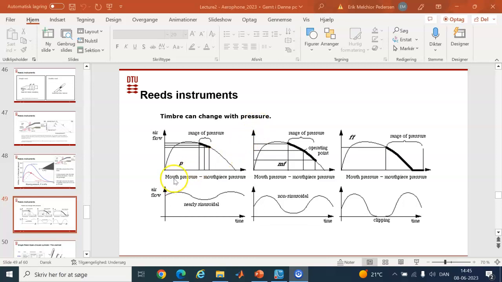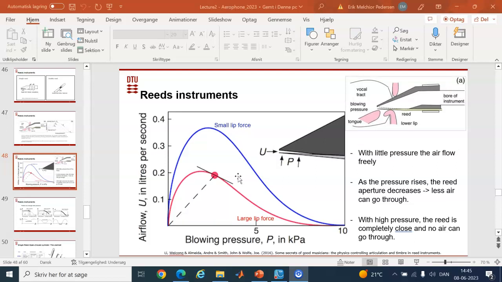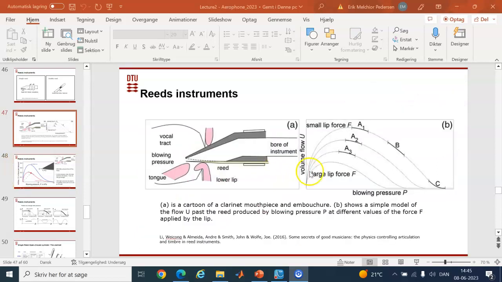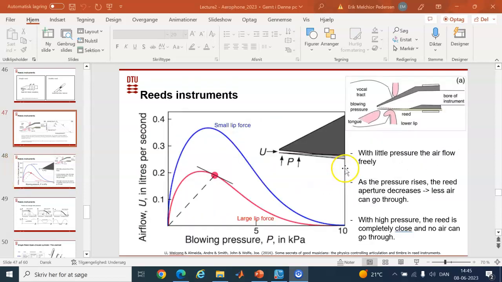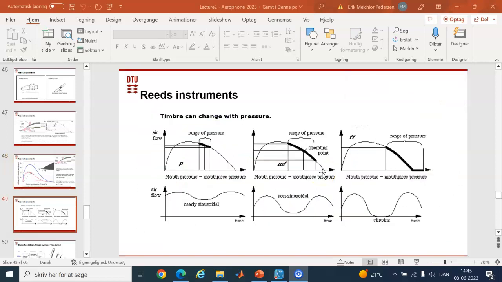Here we have the mouthpiece pressure, mouth pressure. Remember, P is the blow pressure and F is the lip force. Range of pressure.